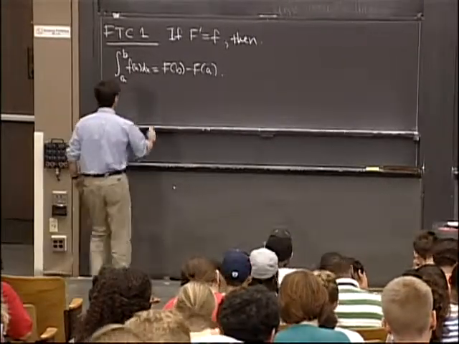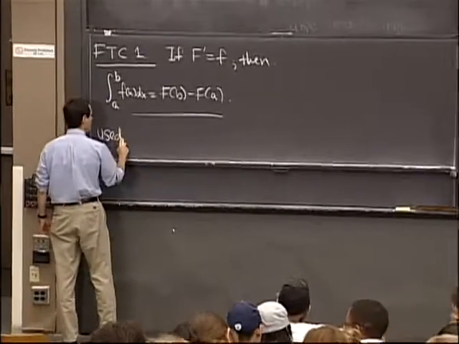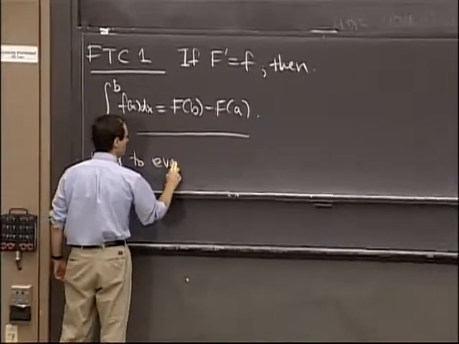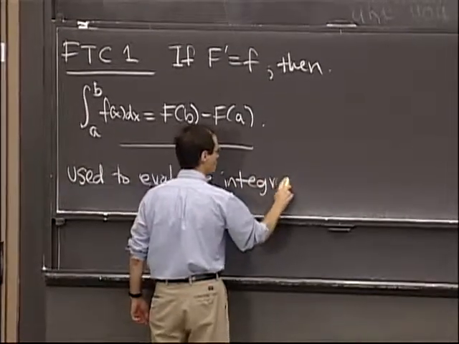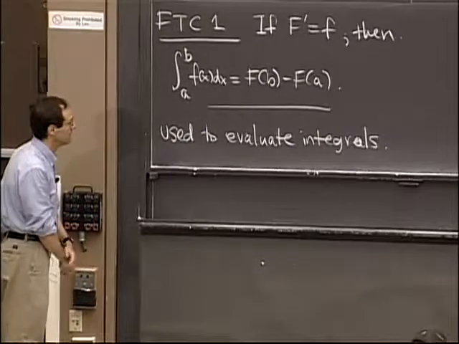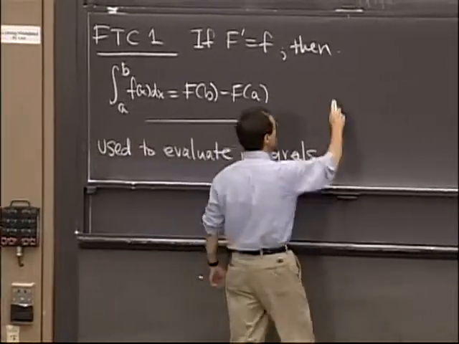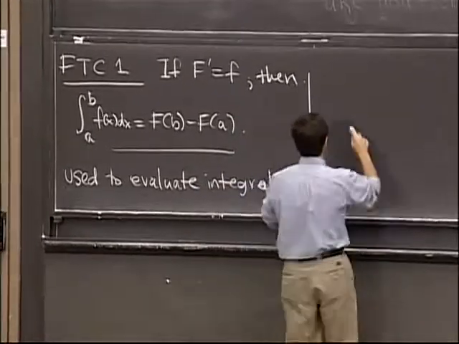And the way we used it last time was this was used to evaluate integrals, not surprisingly. That's how we used it. But today I want to reverse that point of view.